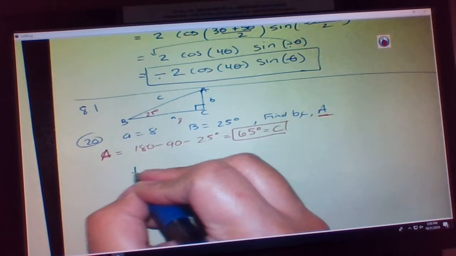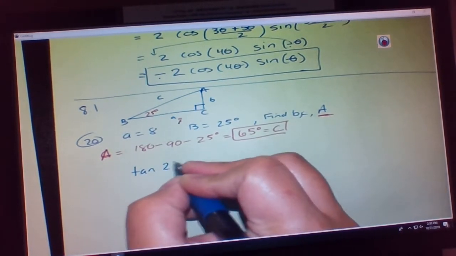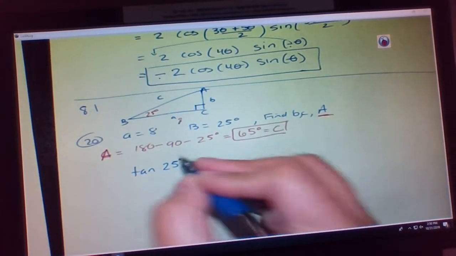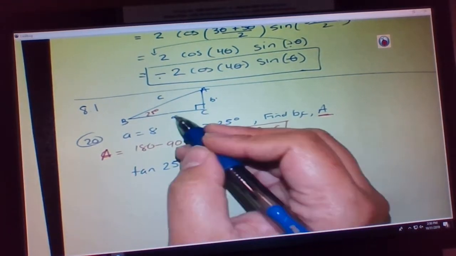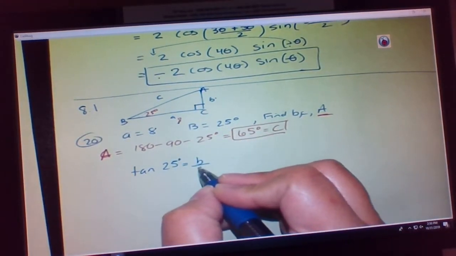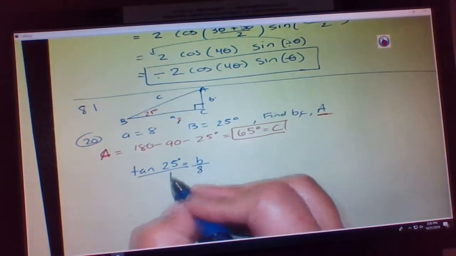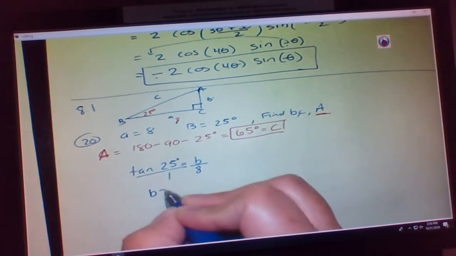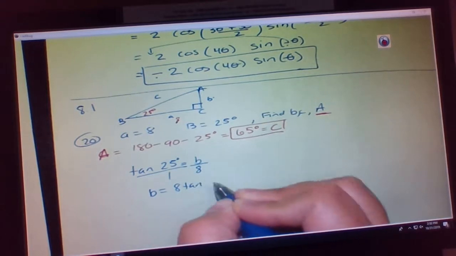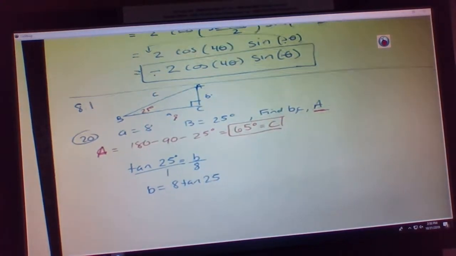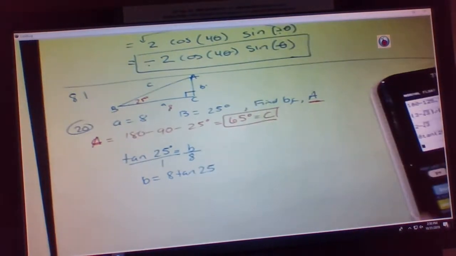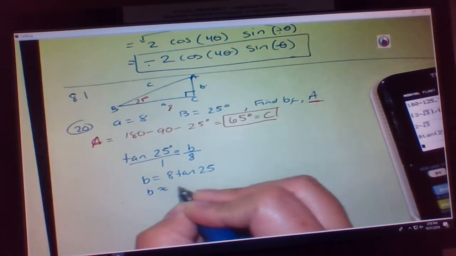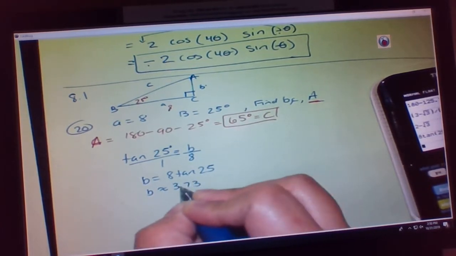So I would use tangent of 25 degrees. Tangent of 25 equals opposite, I don't know my b, over my a, which is 8. Cross multiply, you get b equals 8 tangent of 25 degrees. You grab your calculator, 8 tangent of 25 degrees, and I find out that b is approximately 3.73.